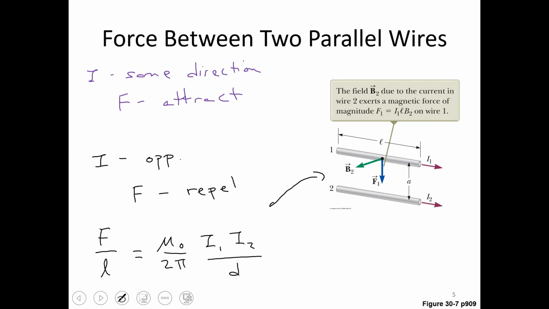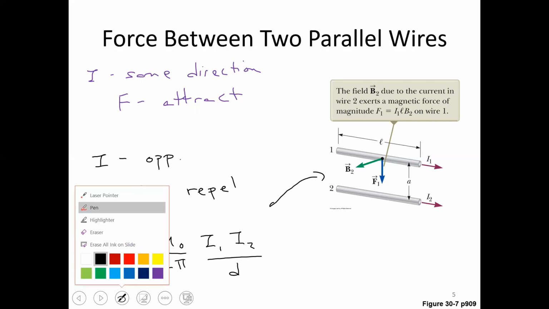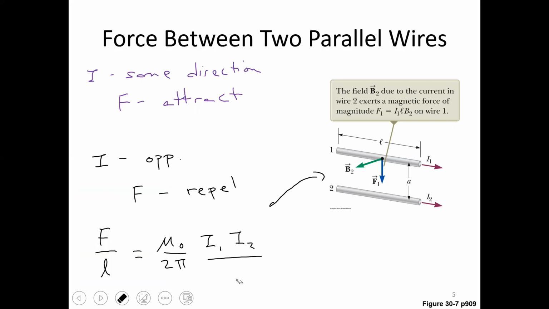So in our example, we didn't use a D, we used an A for our distance between them. So the form of this equation actually looks a little bit like our electric force, but it's just a little bit different, right? So this would be the force on either wire because of the other wire.